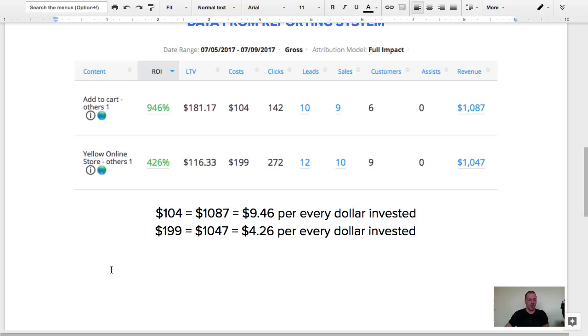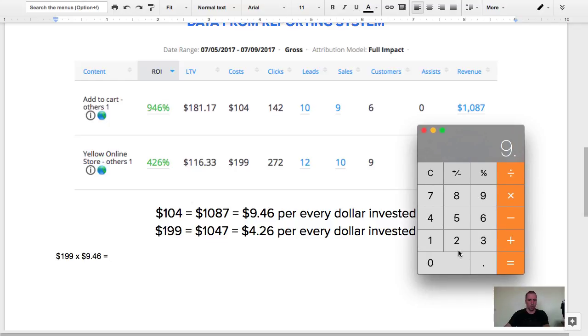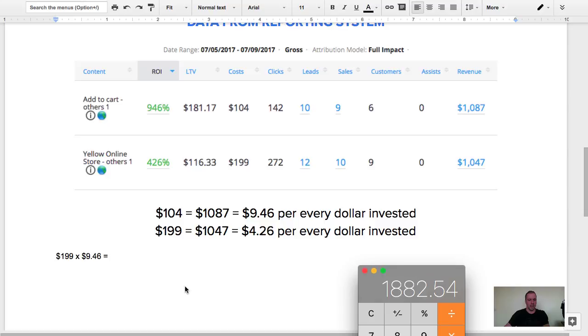Because think about this. If I now invest $199 in the first campaign, and it generates me 9.46 times, then my return here, let me take a calculator right here, 9.46 times 199, right?